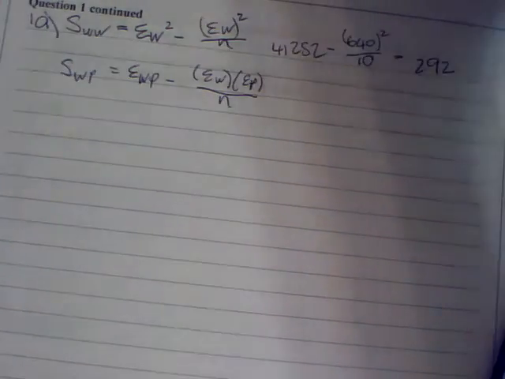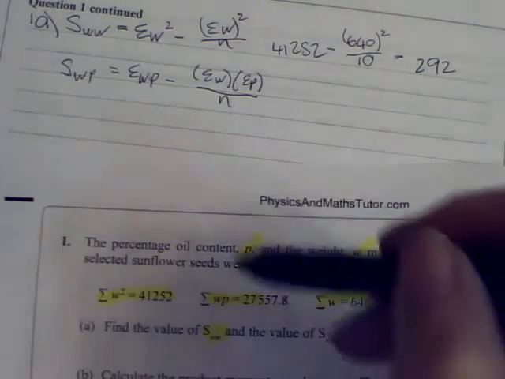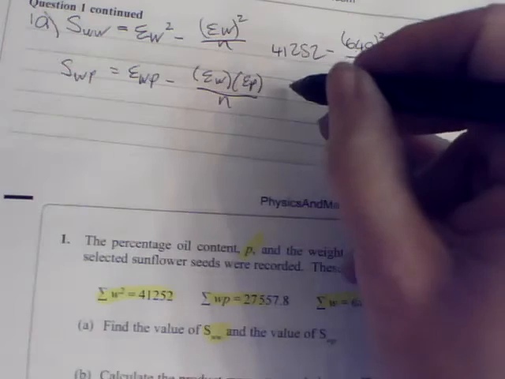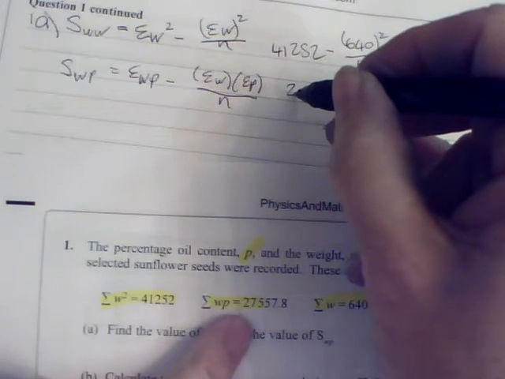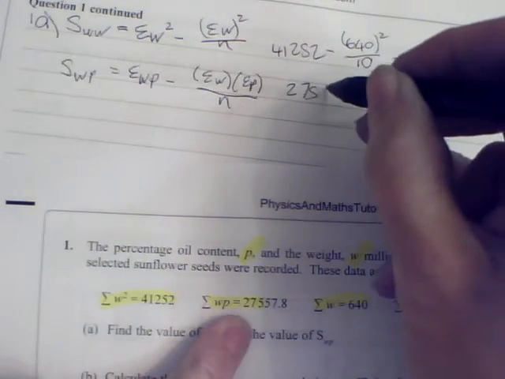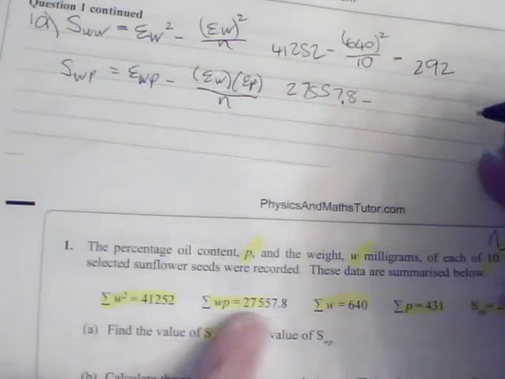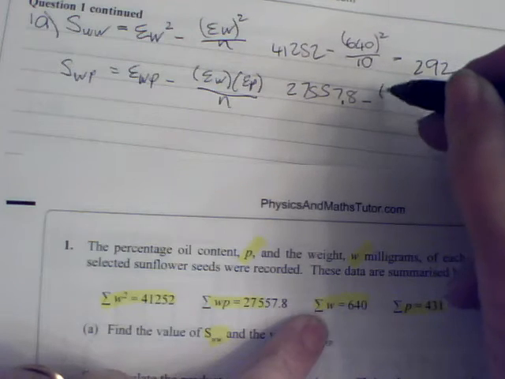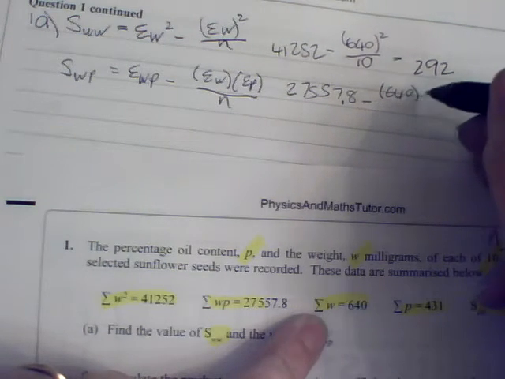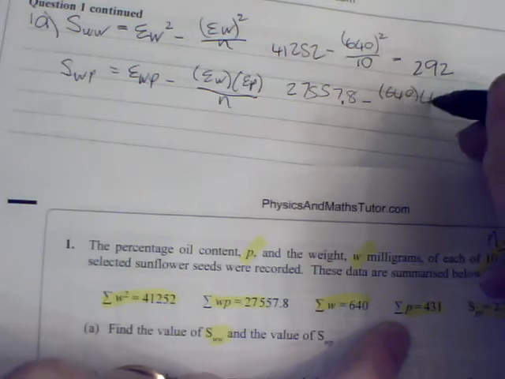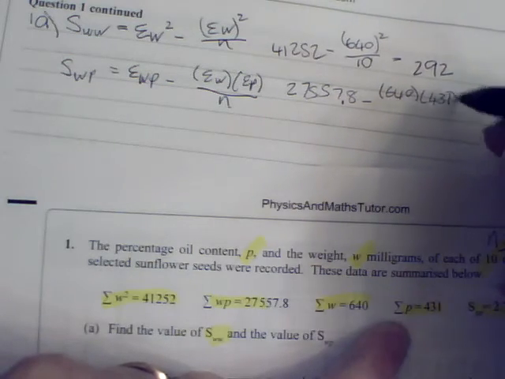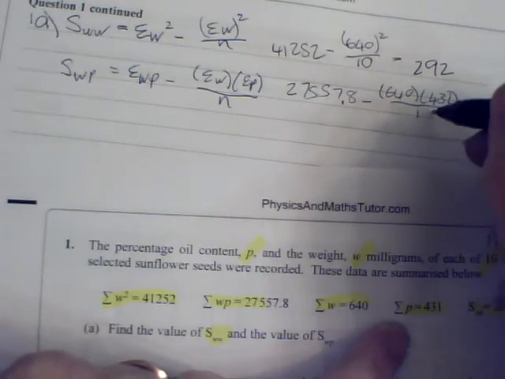Have they given them to us on our sheet? Let's hope so. Let me fold this up, it's going to be easier for you to see it then. Yeah, here we go. Sum of WP is 2755.78, minus sum of W, which is 640, times the sum of P, which is 431, and then divide that by n, which is 10.